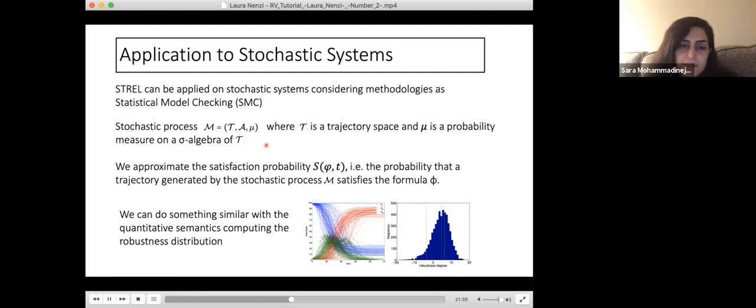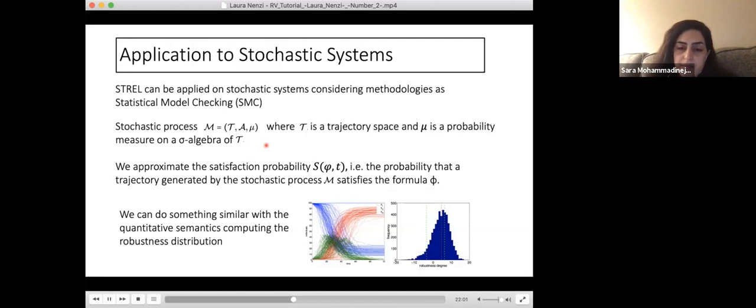So we cannot find exactly the fraction of the trajectory space that satisfies the property, but as we said, we can do it for a subset, where we check a subset of the trajectory space, and then we approximate the satisfaction probability.